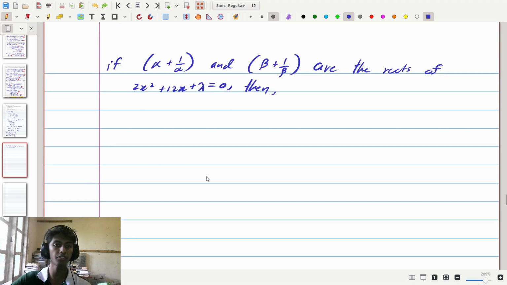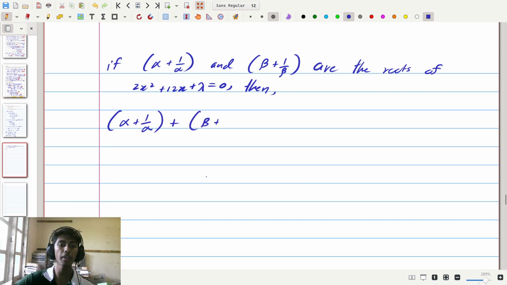So therefore alpha plus 1 over alpha, which is the first root, plus beta plus 1 over beta, which is the second root, is equal to negative b over a, which is negative 12 over 2. This is equation number 1.